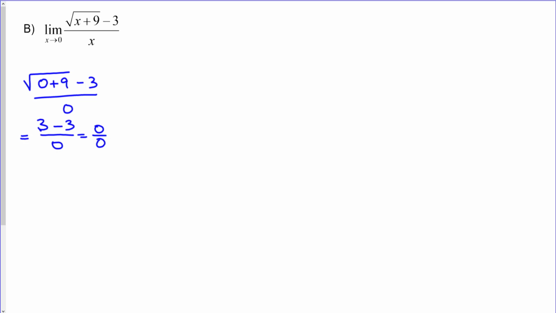So let's see. When it comes to polynomials, generally factoring is the way to go. When it comes to square roots, it is most likely going to be something of the form of conjugates.